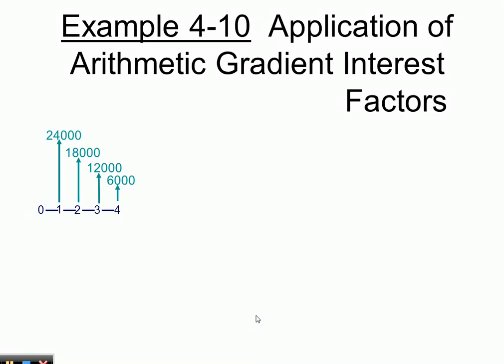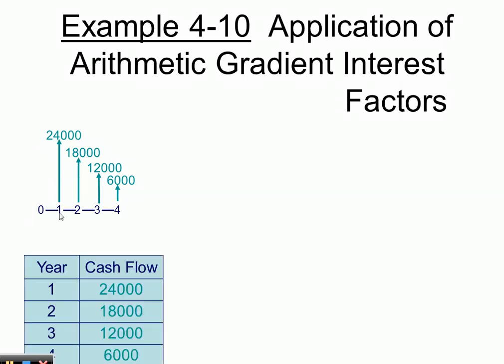So here's another interesting example. Notice what happens here. What we have is a decrement. So rather than an increment in terms of gradient, we have a negative gradient, because this 24,000 is actually going to be what we have at the very beginning of the year.